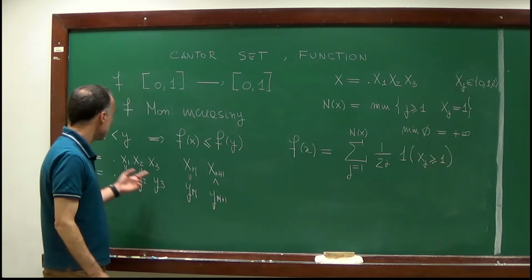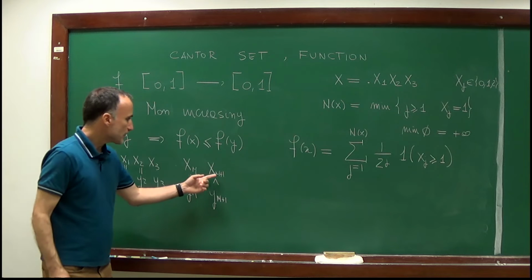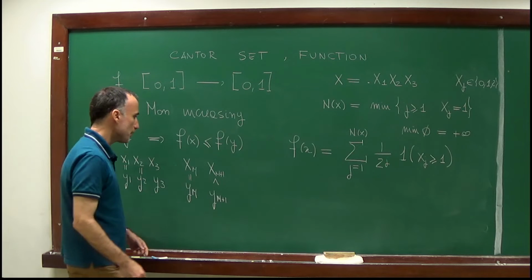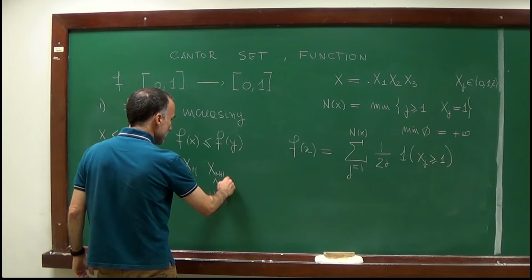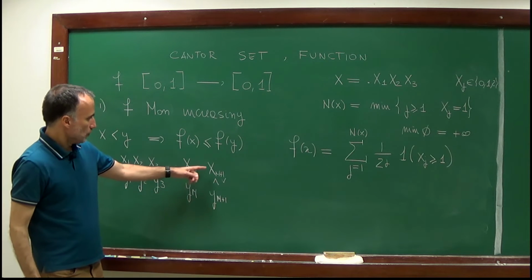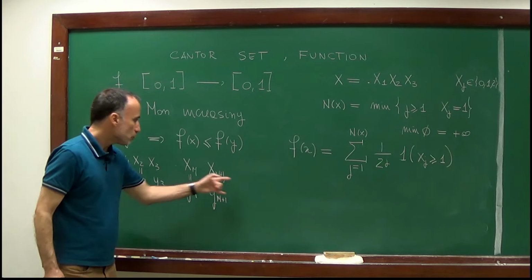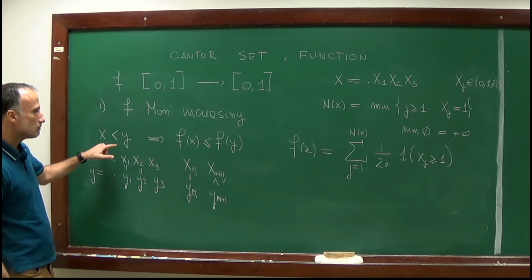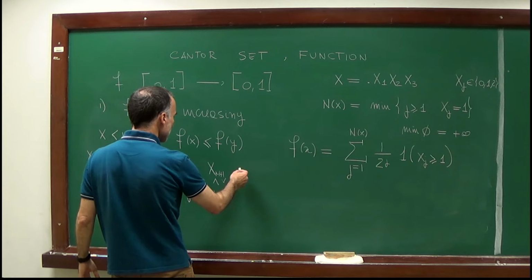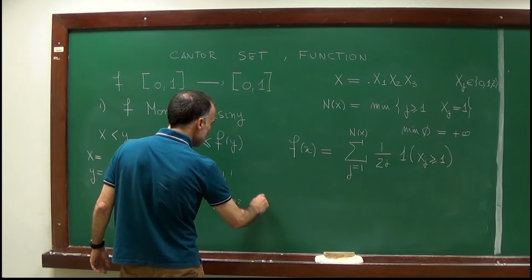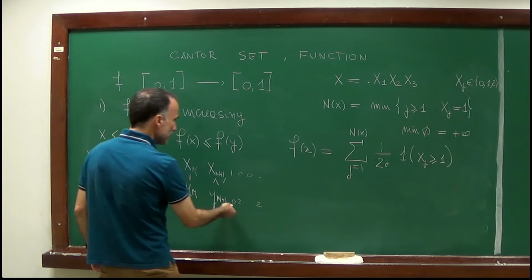And since they are different and x is smaller than y, xm plus 1 has to be smaller than ym plus 1. If xm plus 1 was larger than ym plus 1, you could check that in the worst case, they would be equal. That might happen if you have, for instance, 1 and 0, and say that now you extend with 2's here and with 0's there.